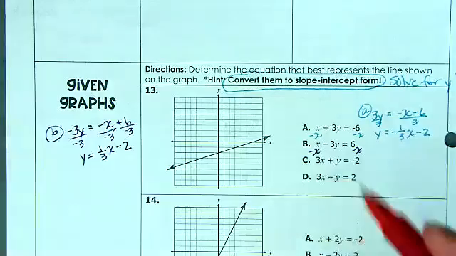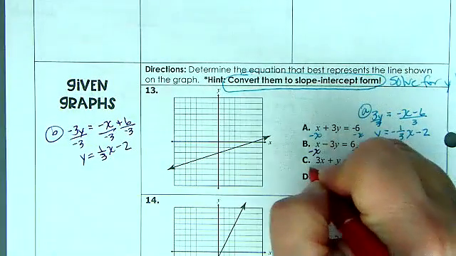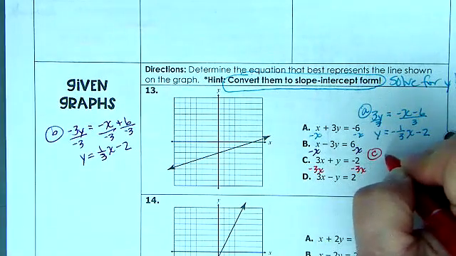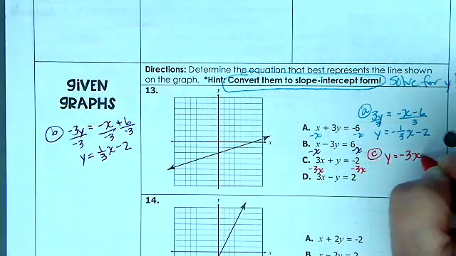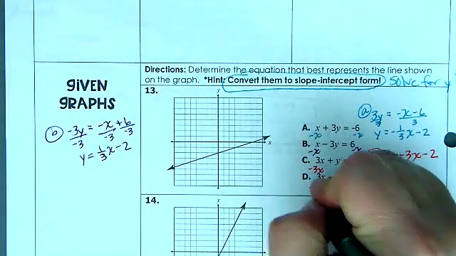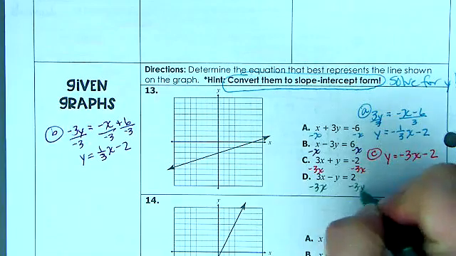And then we have C. So I'm going to subtract 3x, and I end up with y equals negative 3x minus 2.